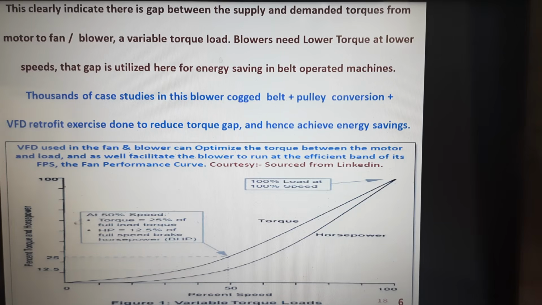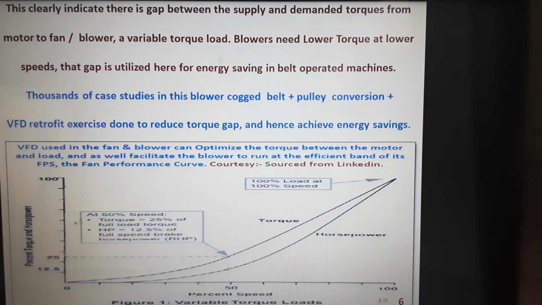Next comes the torque delivered by the motor and the torque demanded by the machine. Especially in variable torque loads, the difference is very much seen, and this can definitely be focused on.